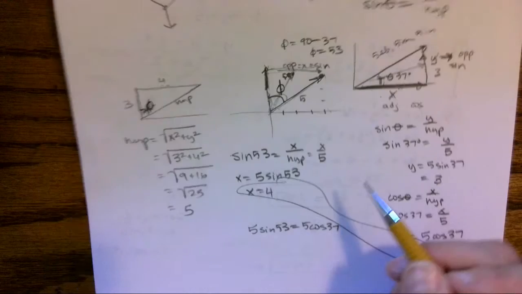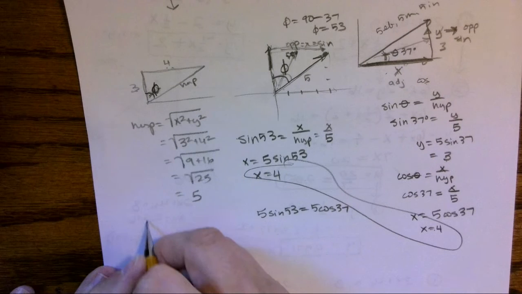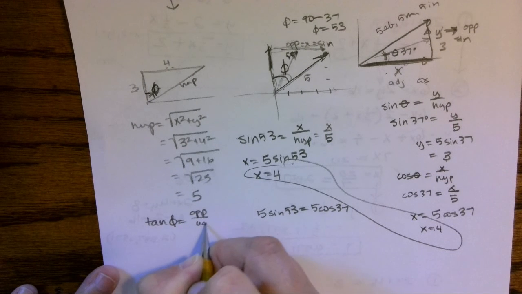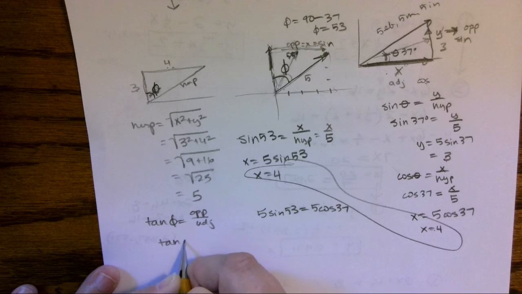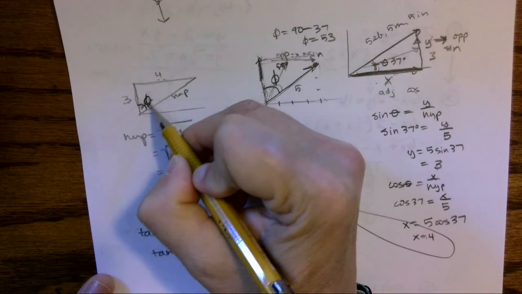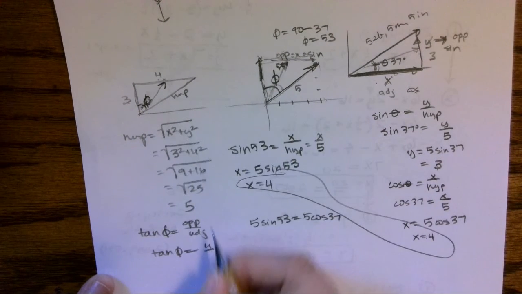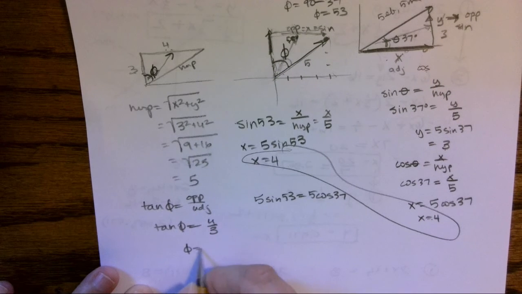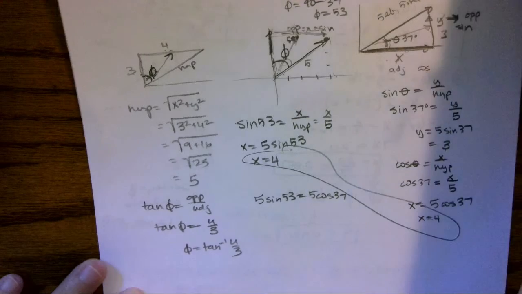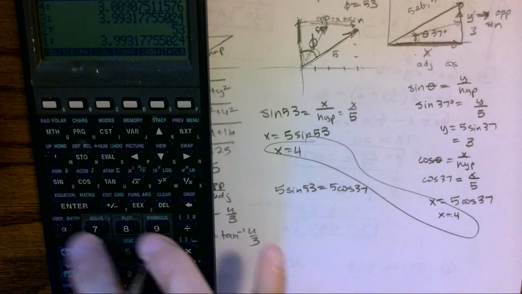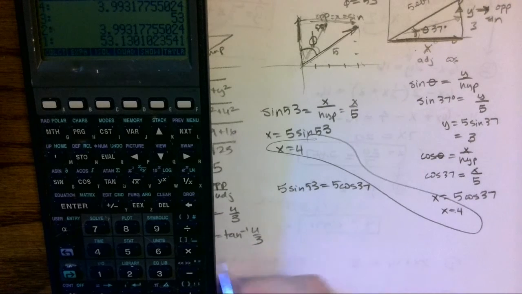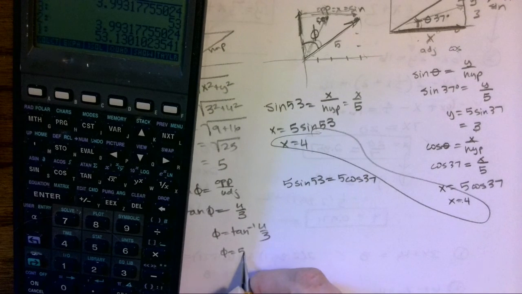So tan phi equals opposite over adjacent. Phi equals inverse tan of 4 over 3. So we have 4 divided by 3, inverse tan this time, and I get that my phi is 53 degrees.